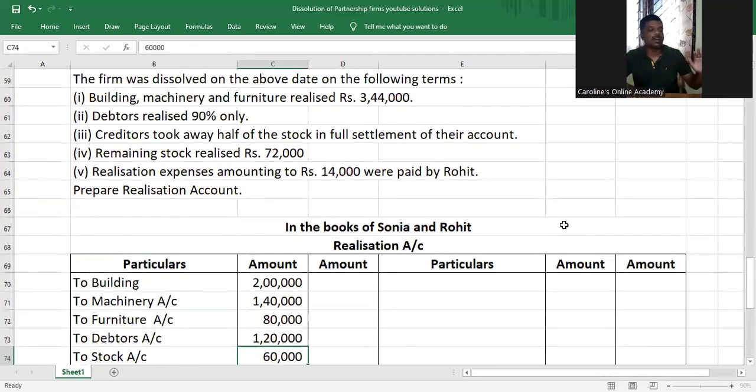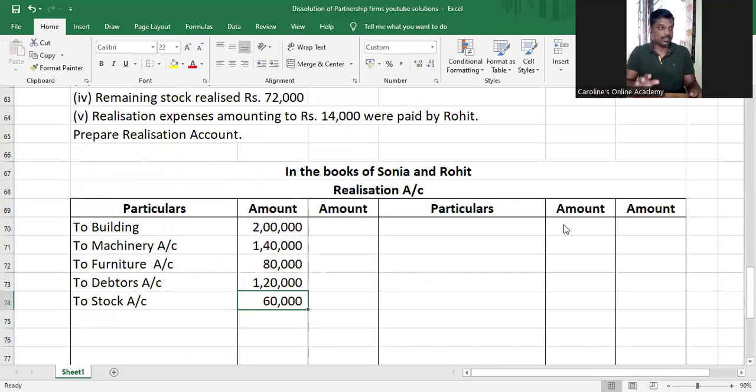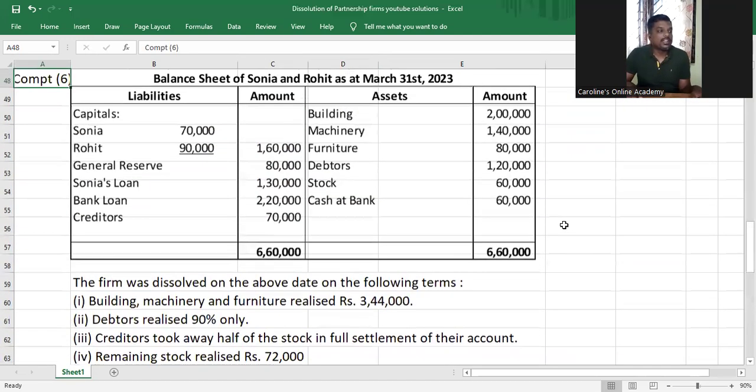So you just transfer the assets to the debit side of the realization account in their book value, and you add them and write in the outer column. So that will be how much, my dear children? 6 lakh. Similarly, you identify the external liabilities in the balance sheet and you transfer them to the credit side of the realization account.